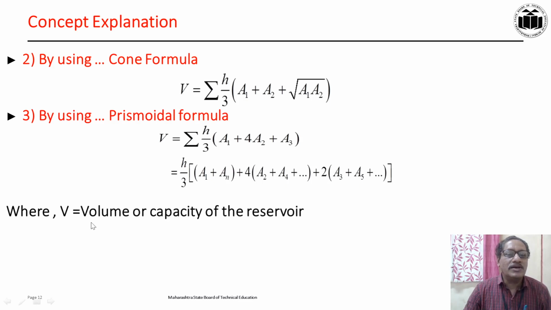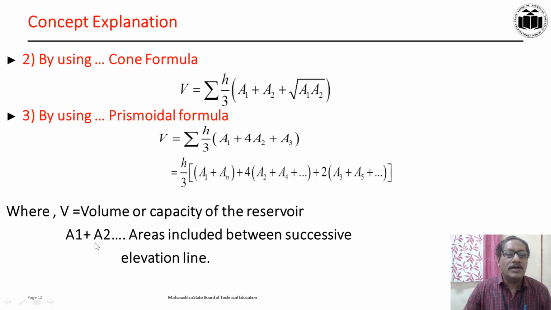So in this way the formulas are there for finding out the volume V, that is the volume or capacity of the reservoir. A1 and A2 are the areas included between the successive elevation lines and h is the height of the interval.